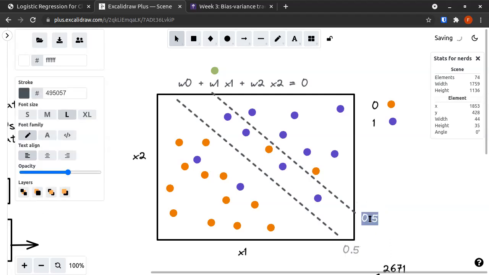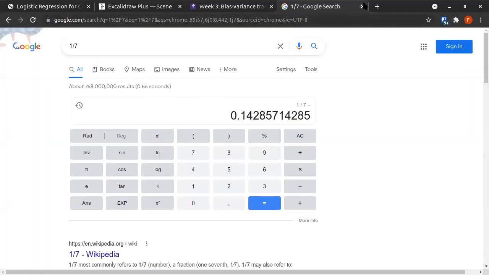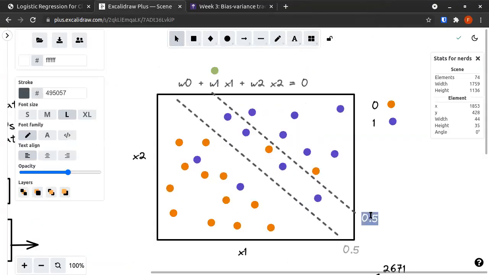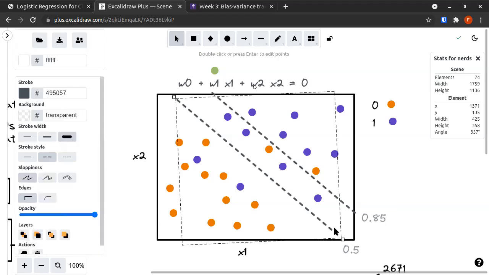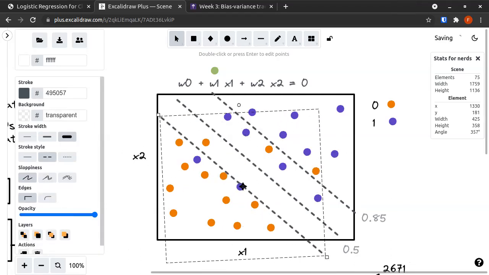And this might be a less confident one, and a more confident one. So I'm not going to count up points here. But let's say that if a point is above this line, it has a 1 in 7 chance of belonging to the negative class, which means about a 0.85 chance of belonging to the positive class. And then you might have a similar situation here.